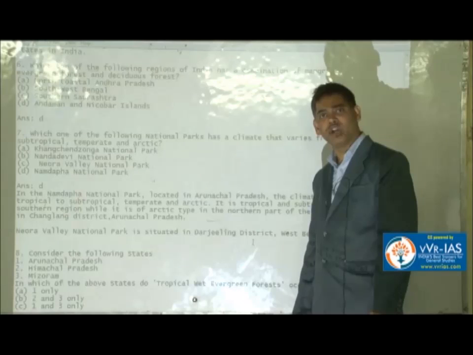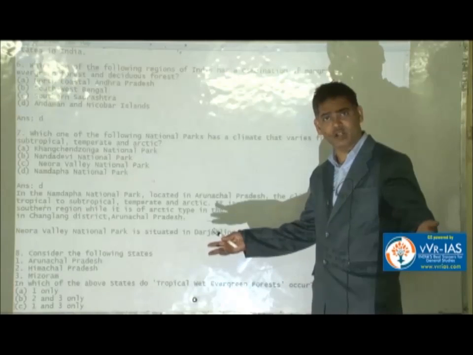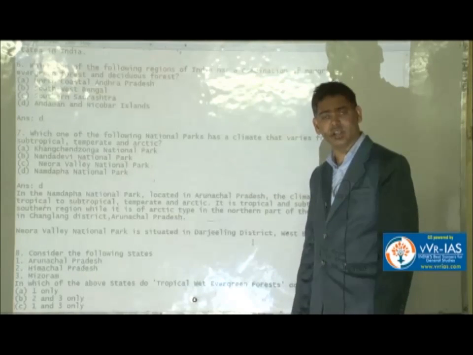Further, in the Western Ghat, it is available in Ratnagiri, which is located in Maharashtra. Further, it is available in the Narmada and Tapi estuaries, that is the Gulf of Khambhat. These are the different locations of mangrove forest in India.